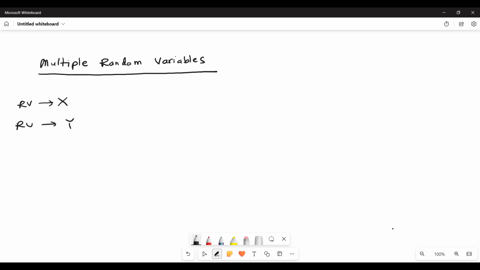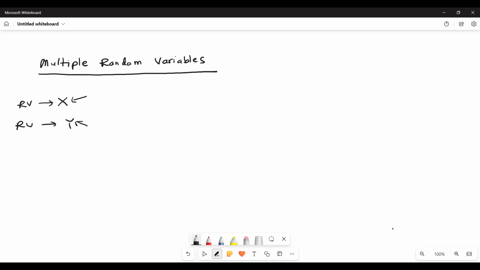Now we want to see what the probability density function of both of these random variables is. If both of these random variables are present in the process that we are trying to evaluate and study, we need to know the probability density functions of each of these random variables separately.